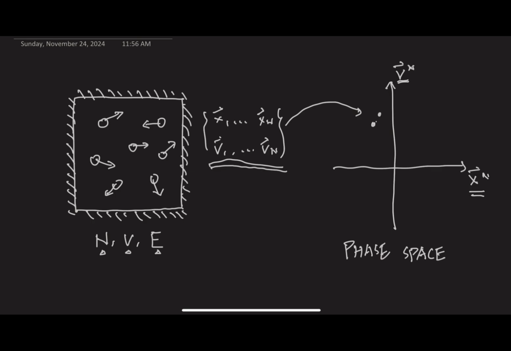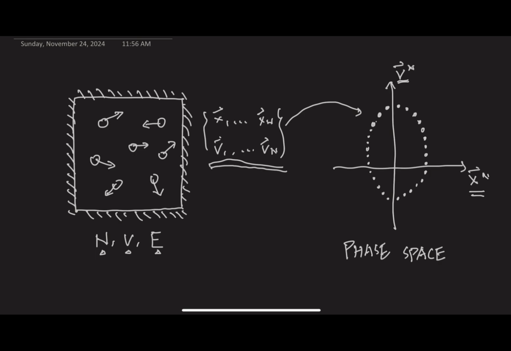So as your system is moving or evolving in real space, we're going to get a series of dots in the phase space, and these dots represent the evolution of the system, but in a different setting, in the phase space. Okay, so this is what we already described in the previous video, so you can go look at that video for details.